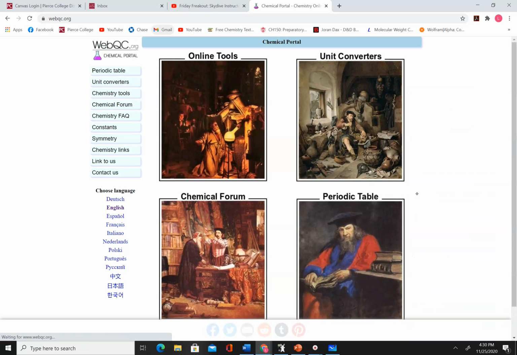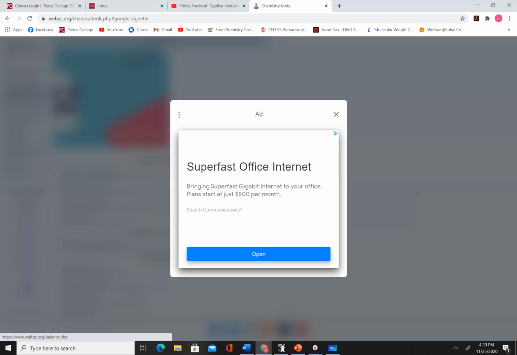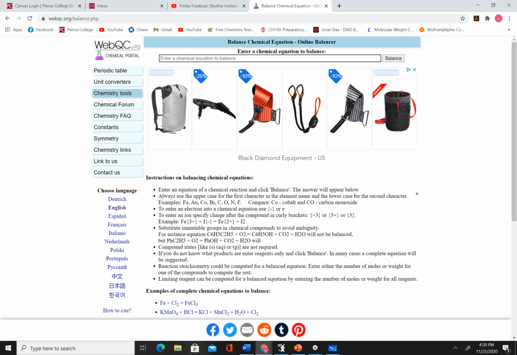When you go there, there are a bunch of chemistry tools, and the very top one is the chemical equation balancer. It's a free service, so it has a lot of ads that pop up, so be aware of that.